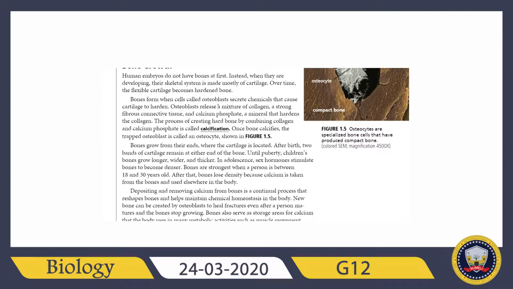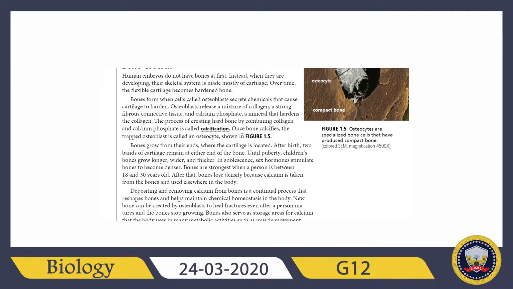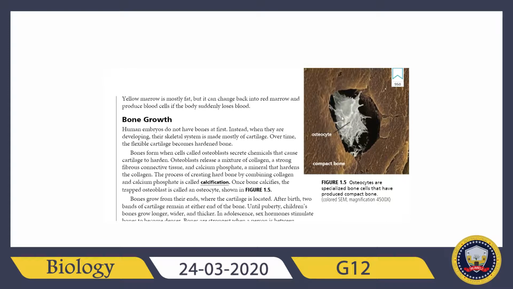When the osteoblast secretes the collagen and calcium phosphate, the process of creating hard bone by combining collagen and calcium phosphate is calcification. Calcification is the process that hardens bones by adding calcium phosphate and collagen.